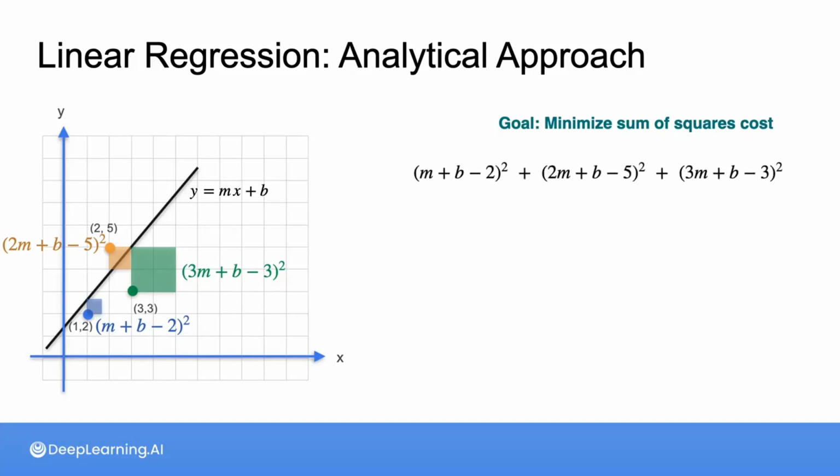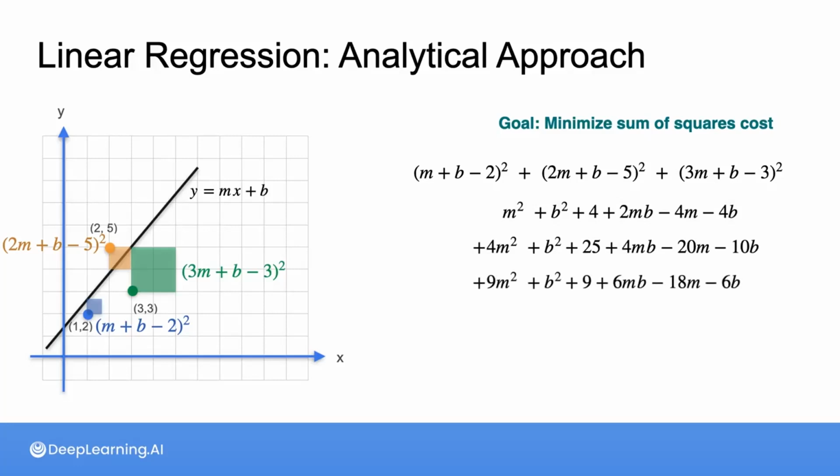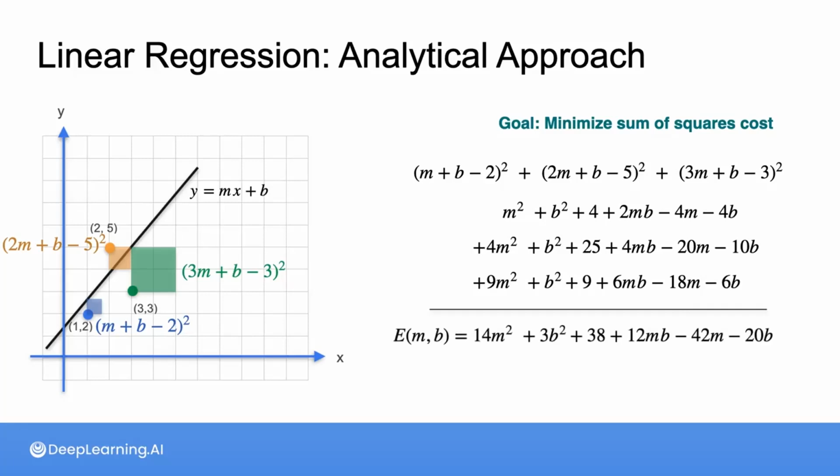Now let's expand this. The first one, (m plus b minus 2) squared, expands as this. The second one expands as this, and the third one expands as this. And if we join similar terms, we get that E of m, b is 14m squared plus 3b squared plus 38 plus 12mb minus 42m minus 20b.